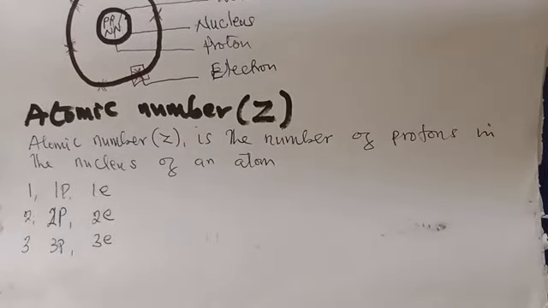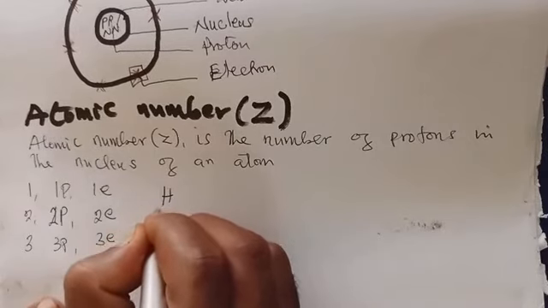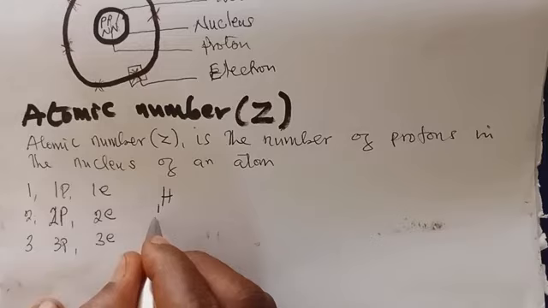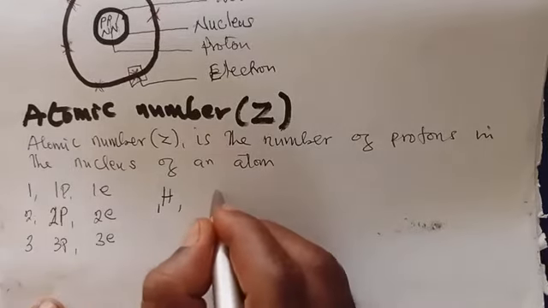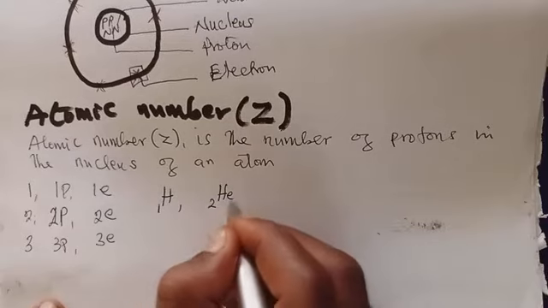So from our study of elements, hydrogen has atomic number 1. This is where the atomic number of an element is always written. Helium has atomic number 2.